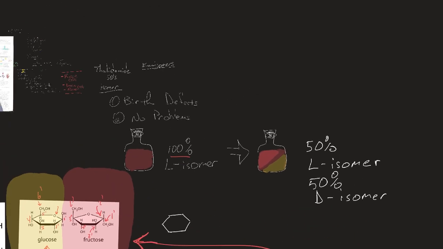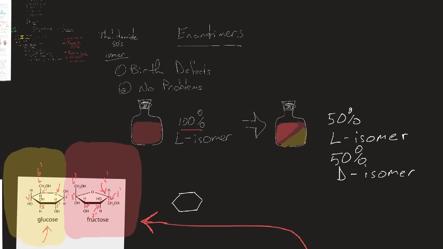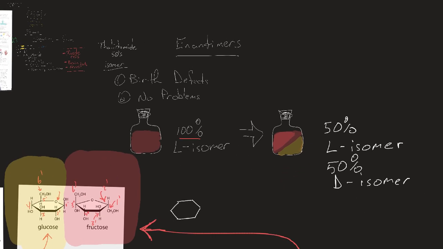When we look at the enantiomers, the ones that are either right or left-handed, let me rewrite that. Enantiomers are either right or left-handed. They could lead to issues.